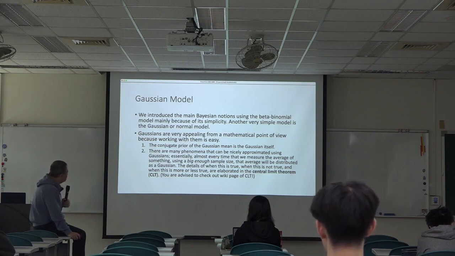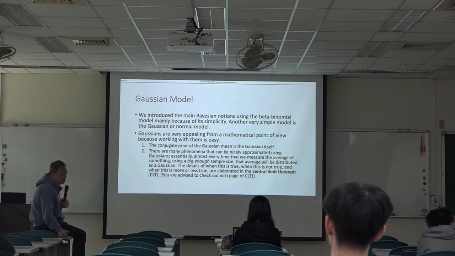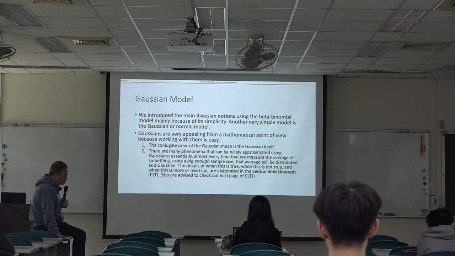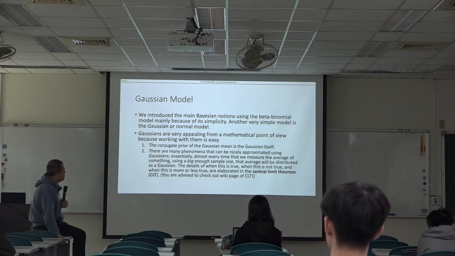If you still remember, we actually talked about the Gaussian model earlier, when we talked about conjugate priors. Obviously, the beta prior is a conjugate prior for binomial likelihood.